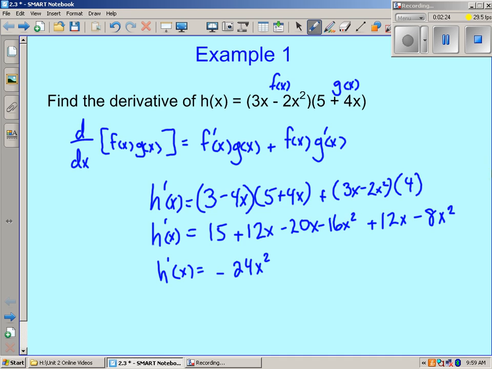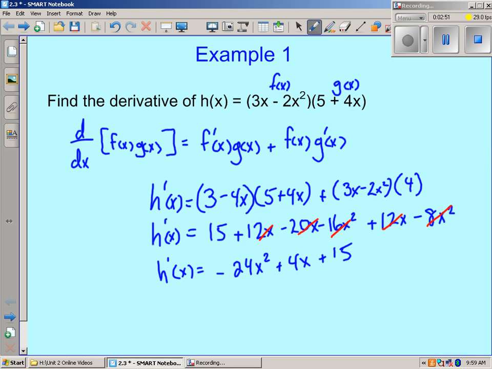And I like to cross them out just so I know I've dealt with them. And then I've got 12 and 12x, which gives me another 24x. Oh, oops, I forgot the negative 20x there, so that's a good thing I was getting ready to cross them out. So I end up with actually 4x. And then all my x's have been dealt with, and so then it's plus 15.